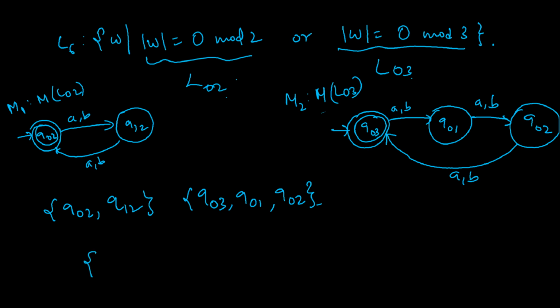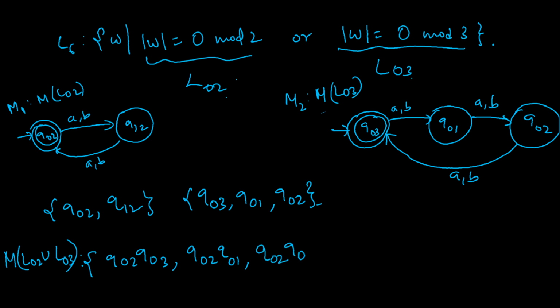So the states in the DFA for L02 union L03 will be Q02, Q03, comma, Q02, Q13, comma, Q02, Q23. What the heck? I'm sorry.